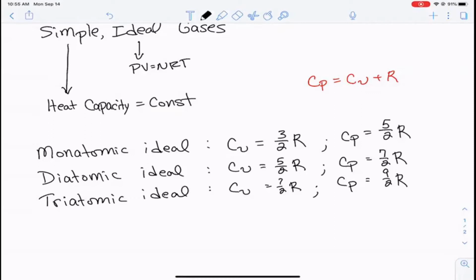We stopped there because as molecules get larger and larger, some of the assumptions that we make about how they interact with each other may be invalidated. Also, the different modes in which molecules store energy, whether it's kinetic energy, vibration, rotation, or spin, become more and more complex as the molecule gets larger. So first of all, we can't just keep adding R's forever.